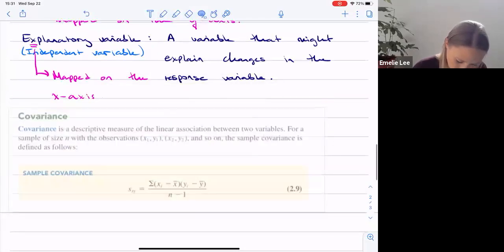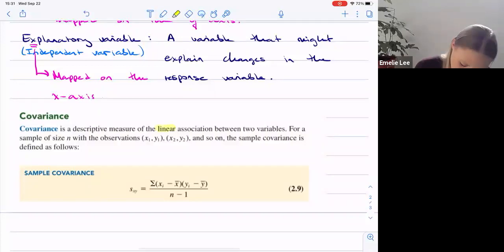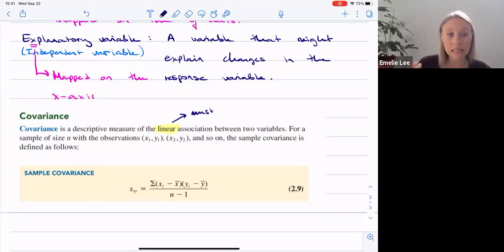Bring it up here so I can have it on the same page. Okay, so the covariance is a numerical measurement of the linear association. This means that it must have a linear relationship, must have a straight line relationship.